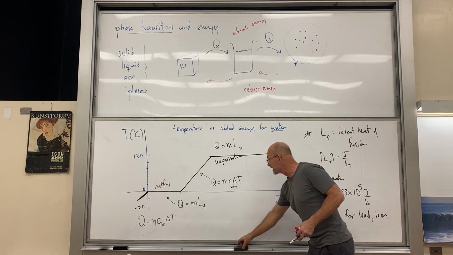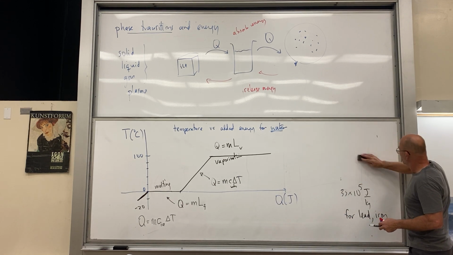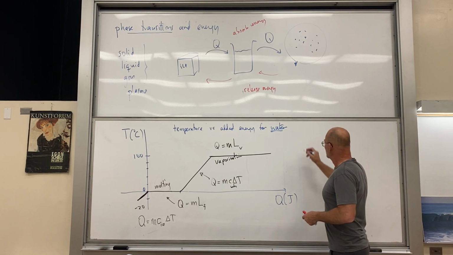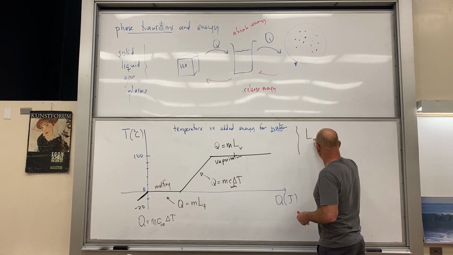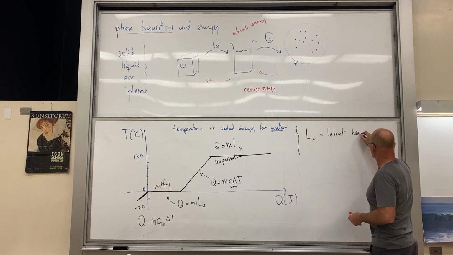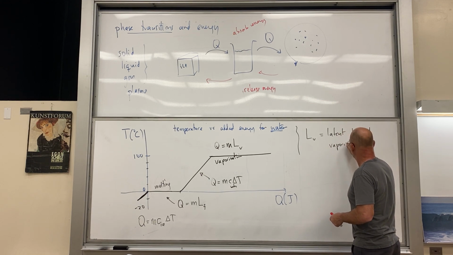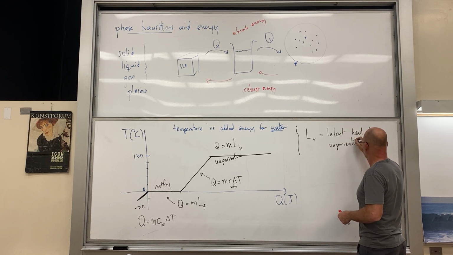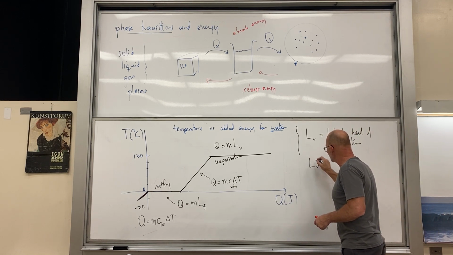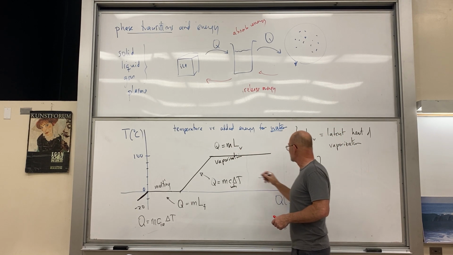We're going to have the latent heat of vaporization. And so L sub V, latent heat of vaporization, and again, the units, just divide by mass, you can see you have joules per kilogram.